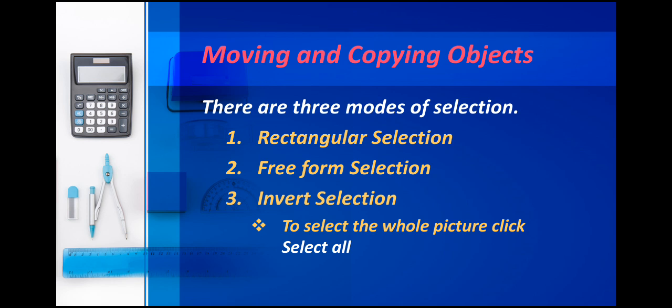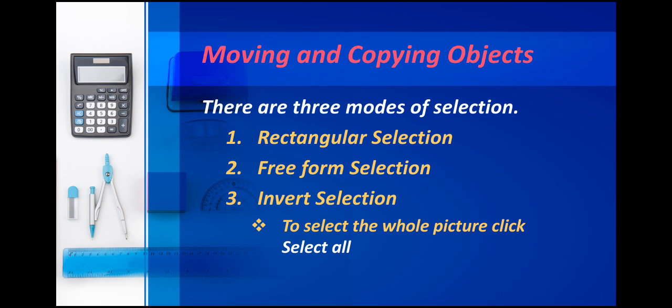Number 3, inverse selection. What is the inverse selection? As the name implies, it is an inverse selection. If you have the whole picture and you want to take out only a minor part of the picture, what you have to do is select the whole picture, and the mode you select is the inverse selection.